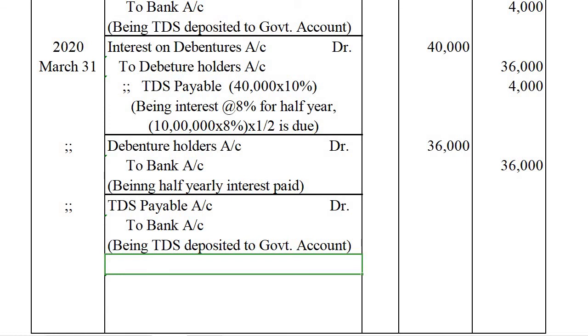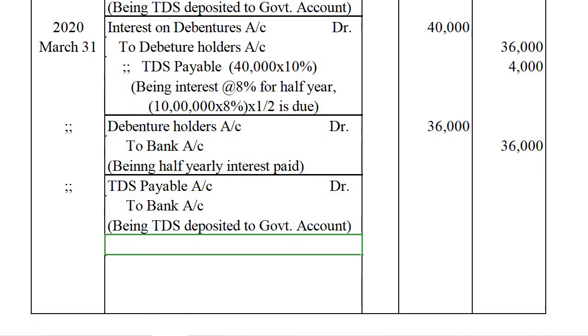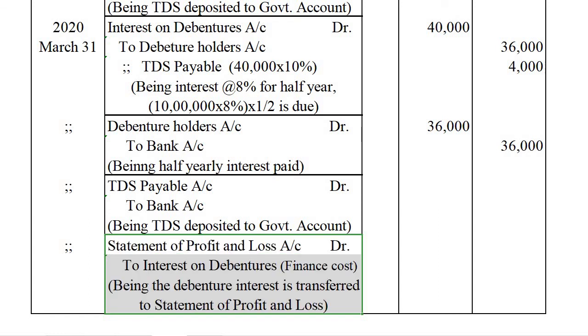So what is the next journal entry? One journal entry is left. Yes, at the end of the year we will prepare the statement of profit and loss, and there the interest is to be transferred. So the journal entry is statement of profit and loss debtor to interest on debentures. It will be shown under the head finance cost.